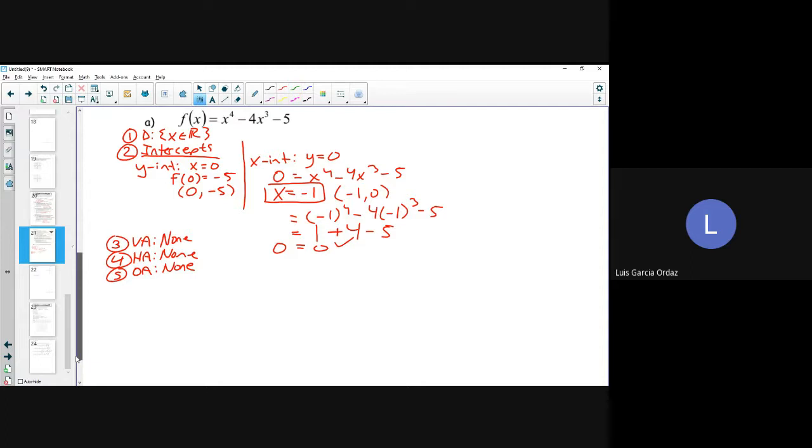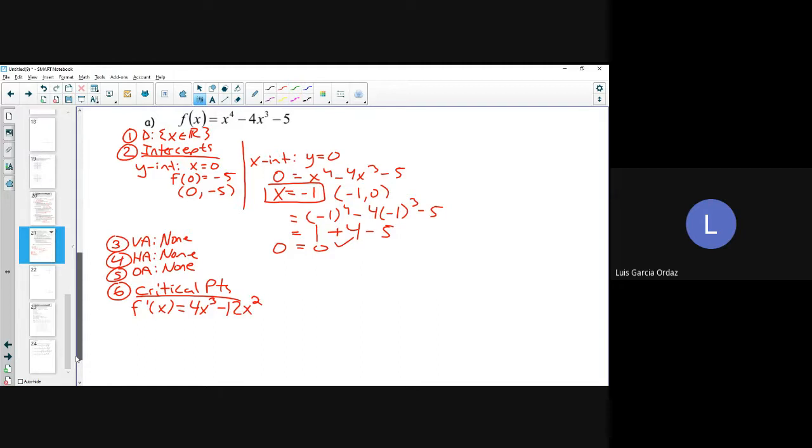Now we need to figure out my critical points, which means I need to take my derivative of f of x. So I get f prime of x is equal to 4x cubed minus 12x squared, and that would be it.